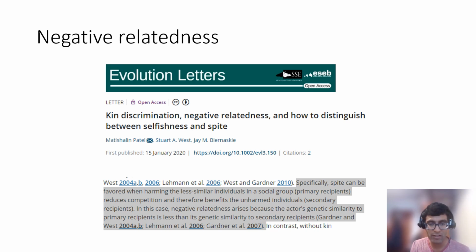In this case, negative relatedness arises because the actor's genetic similarity to primary recipients is less than its genetic similarity to secondary recipients. So the point here is that the primary recipients are these individuals that are negatively related to the actor, and the secondary recipients are the competitors of the primary recipients, which benefit from the actor's spiteful actions to the primary recipient.